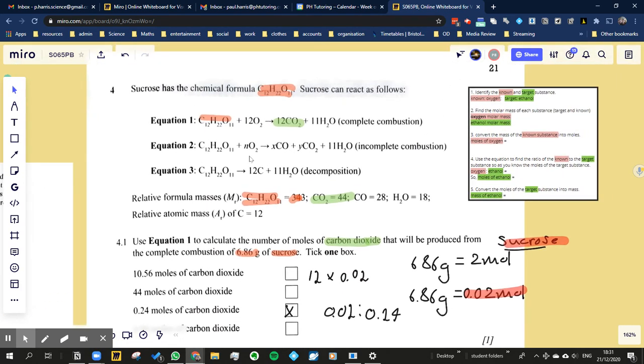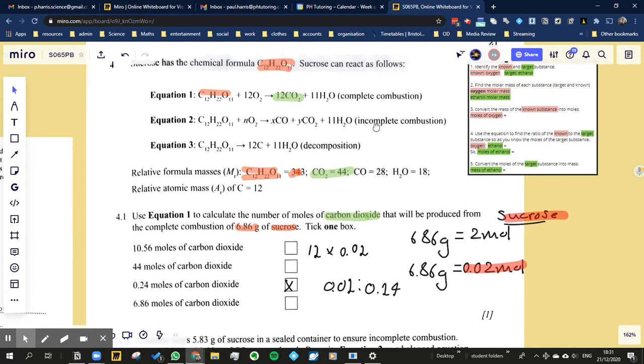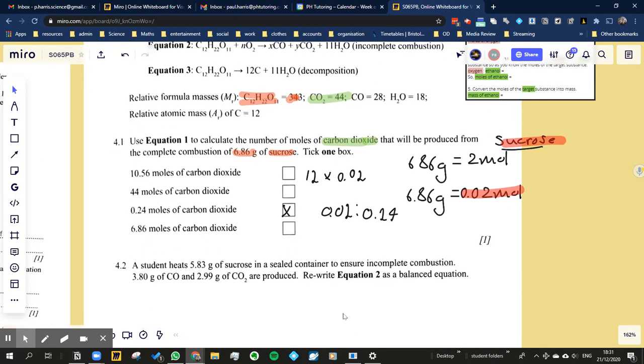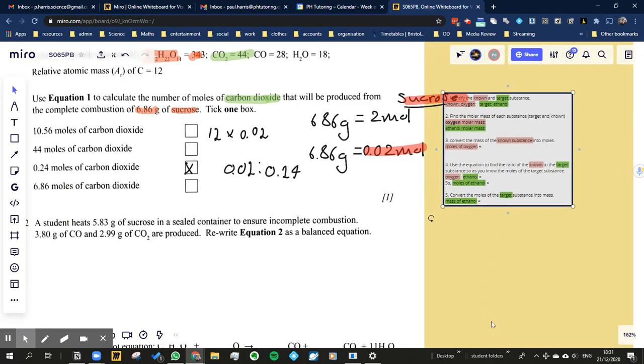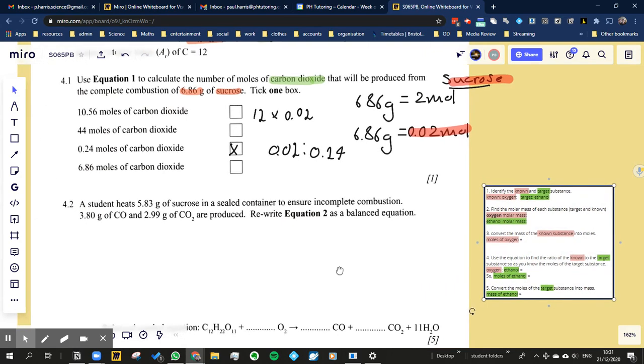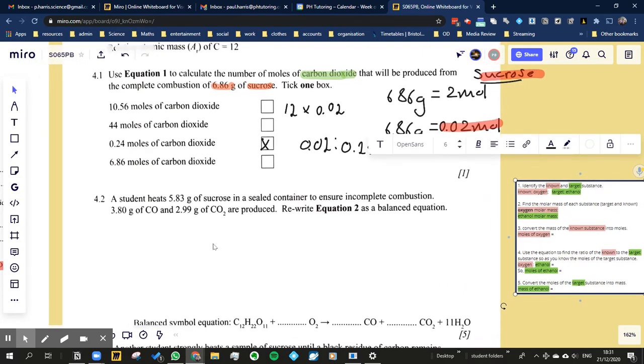So what we have to do now is use my cheat sheet, but it doesn't entirely work this time because they've done it backwards in a way. They've rearranged the problem.